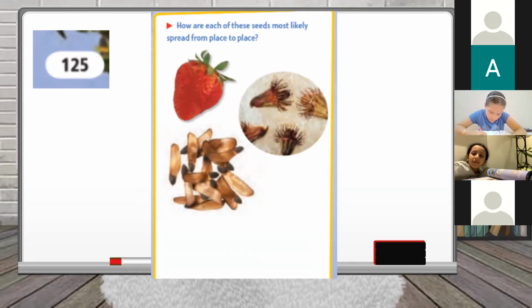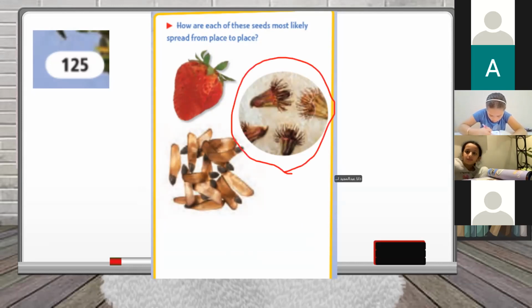Maybe it's this one. How can they move from one place to another, Dana? All of them.